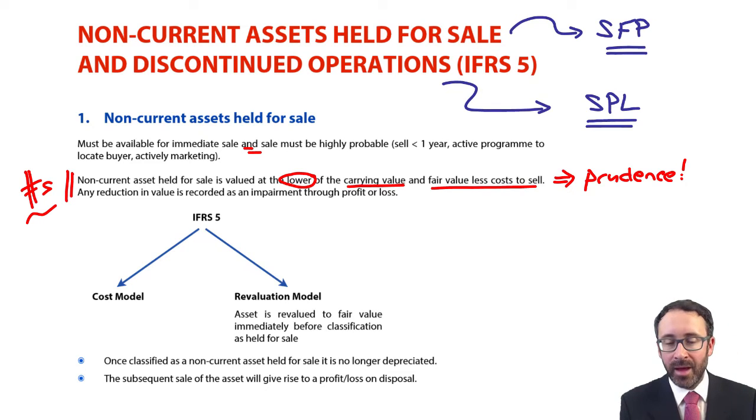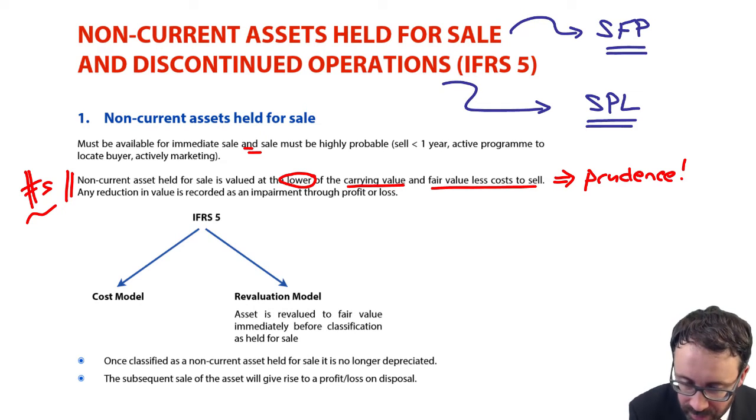Again, remember, if you then value it at the lower of cost and fair value less cost to sell, if there is an impairment, if there is a reduction in the value as it transfers from PPE down to your current assets, then that is treated as an impairment.